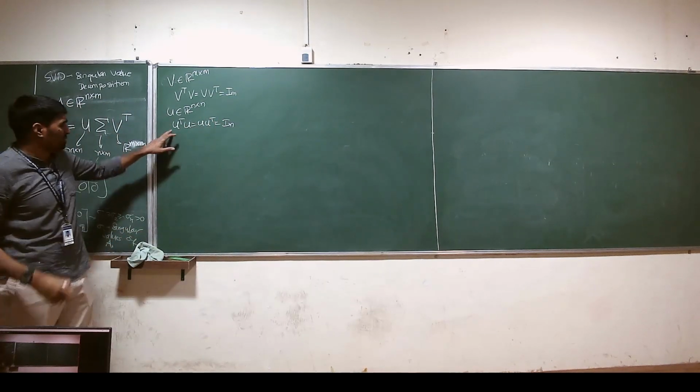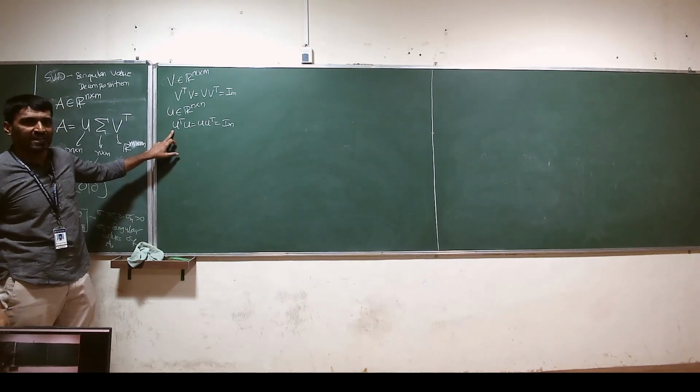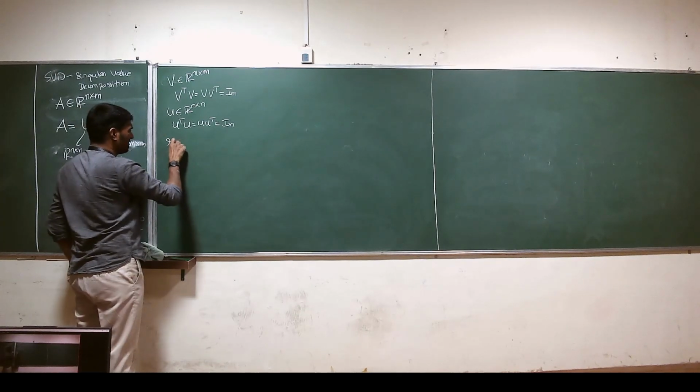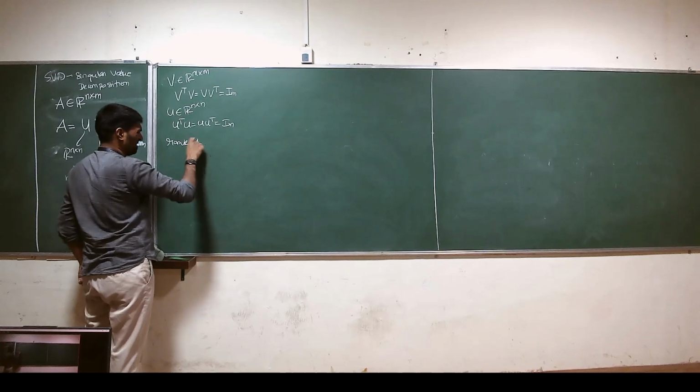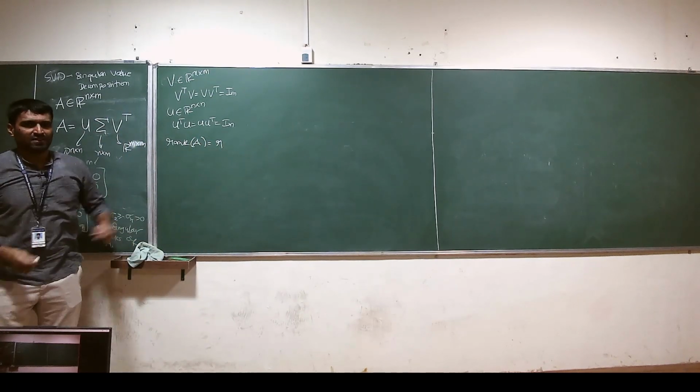That means U is orthogonal. The columns of U form an orthonormal basis for Rn. Okay, and because this diagonal matrix D is r cross r and has r non-zero diagonal elements, in this case, if you're wondering what this r is, it is simply the rank of A.